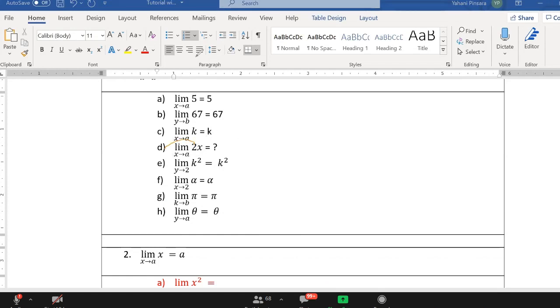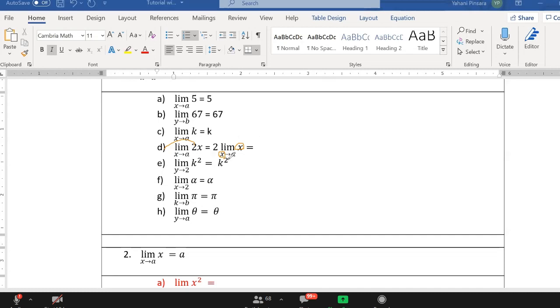So in that case, for the answer for this one, you can take these two outside, right? Then here x is a variable, the same variable approaches a, and you have to find the limit of that particular variable.